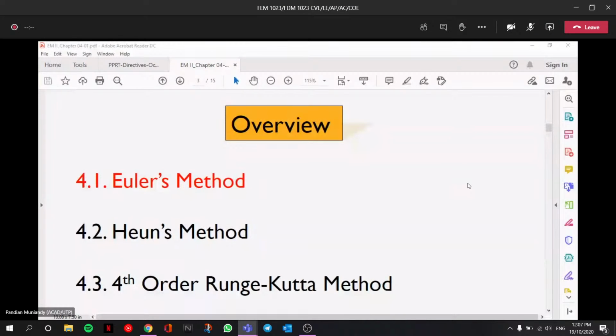So here we build up the foundation first. We try to solve the first order differential equation by using 4.1, the Euler method, and then Heun's method, 4.2, and 4.3, the fourth order Runge-Kutta method.